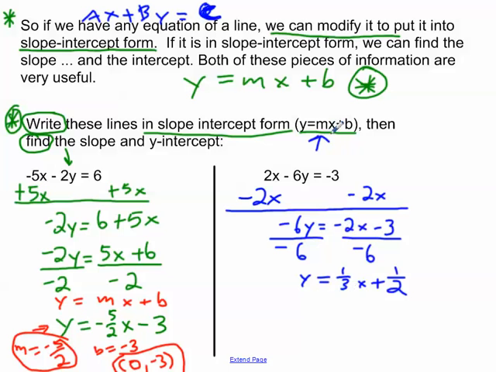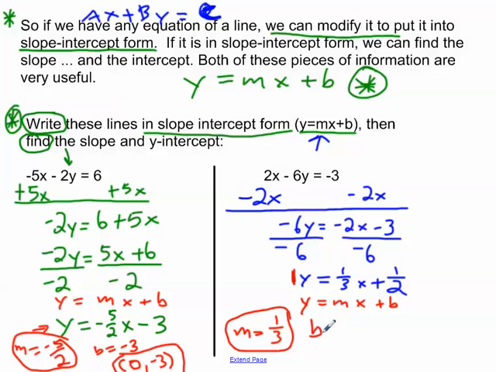So now, if I'm looking to compare to my slope-intercept form, y equals mx plus b, what information can I get out of it? Slope m equals that number right in front of the x, that's 1/3. And this is only true if the coefficient in front of the y is 1, which it is. We did that by dividing by that negative 6. So there's our slope.